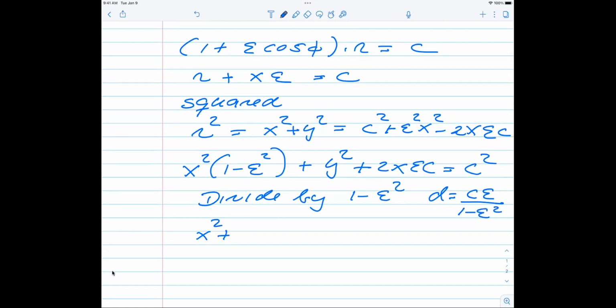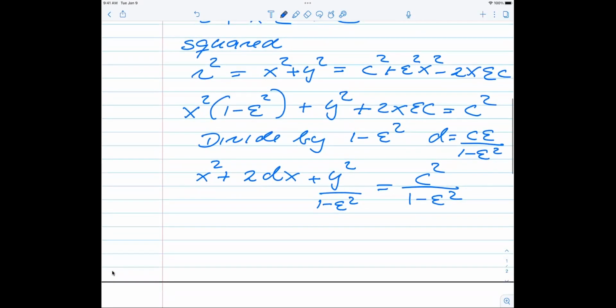So we divide by that, and we have a term here which is going to have a 1 minus epsilon squared. So we rewrite this as 2 times d times x plus y squared divided by 1 minus epsilon squared. And this is the same as c squared divided by 1 minus epsilon squared.